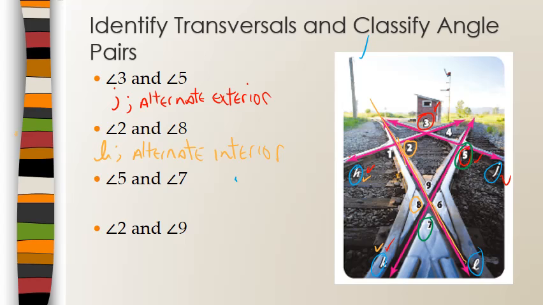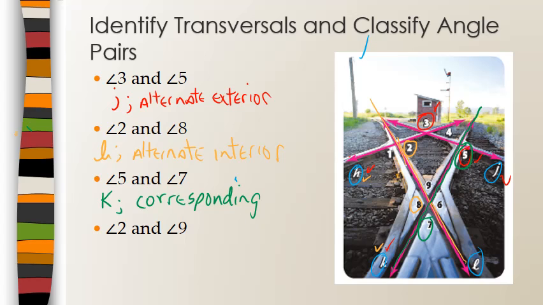And so my transversal then is that line right there, K. So my transversal is K. Okay, and so angle 5 is on the inside, and angle 7 is on the outside, but they're on the same side of the transversal, and so they must be corresponding angles.